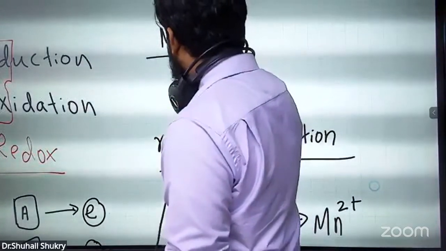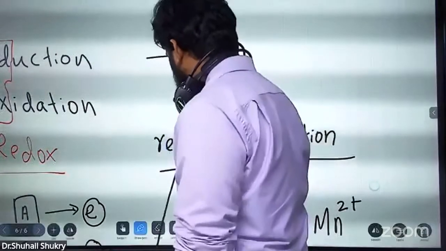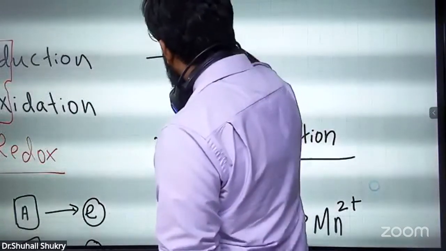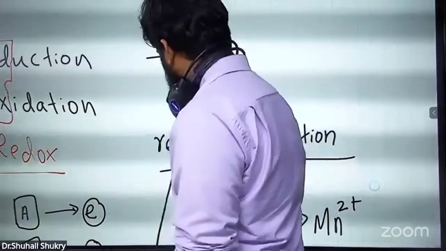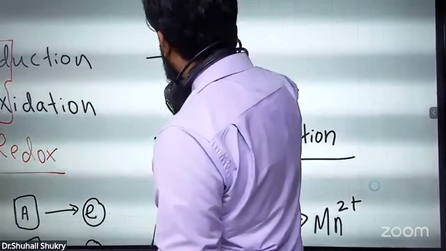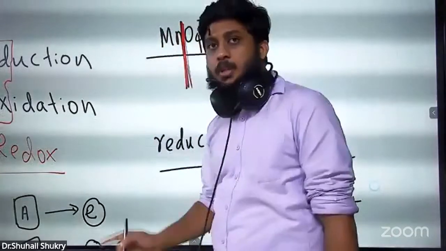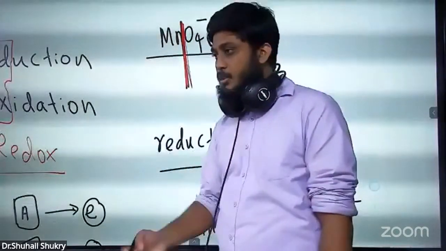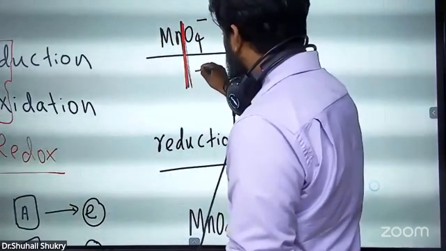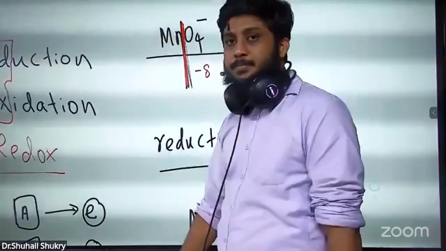Now I put a box like this. One oxygen's oxidation number is minus 2. Four oxygens are here. Minus 2 into 4 is minus 8.